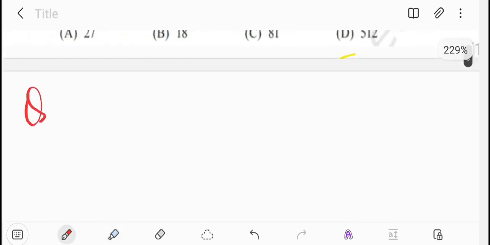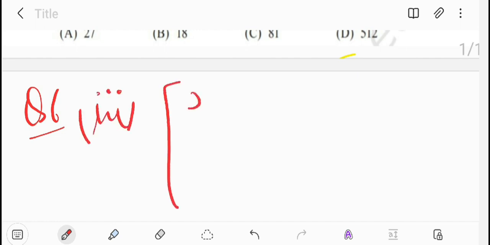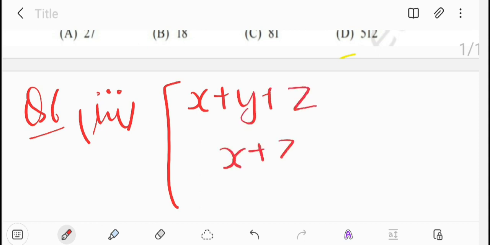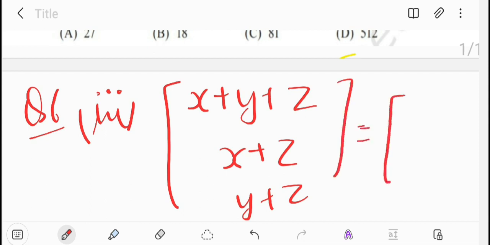Okay, so question number 6 part 3. Let me first note down the matrices: x plus y plus z, x plus z, y plus z, which is given as equal to 9, 5 and 7. Now simply, we just have to equate the corresponding terms.